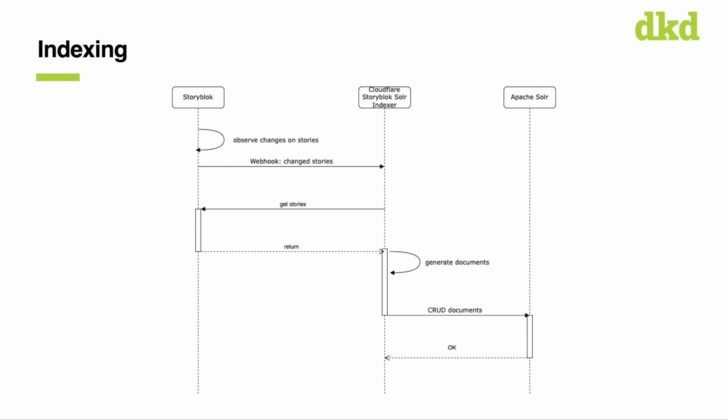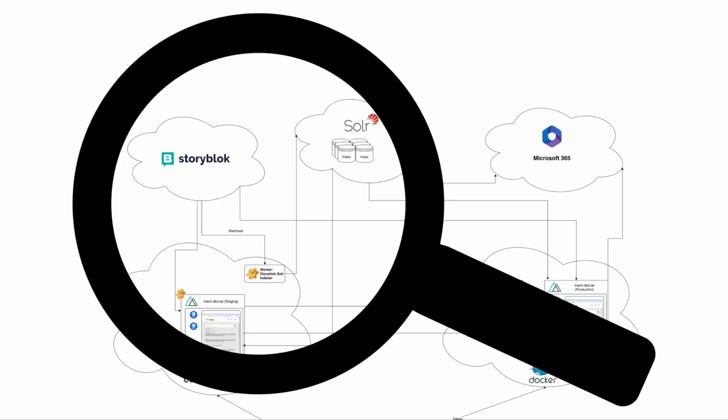So we send this to Apache Solr, and then we have it in our search index. And let's have a look into this in detail. So Storyblok, our worker Storyblok Solr indexer, which runs in Cloudflare, and Solr and the Solr indexes on hosted Solr.